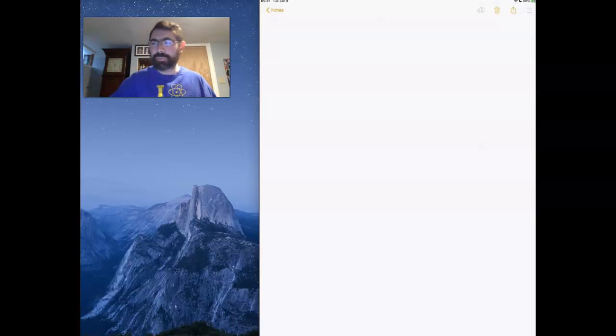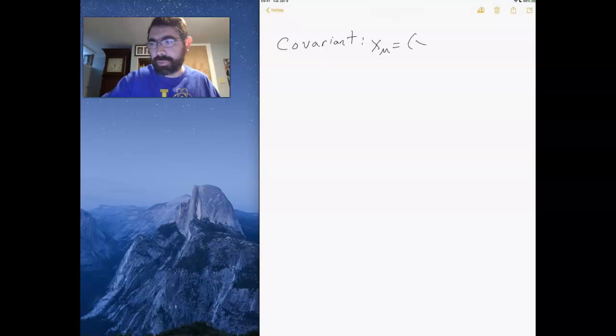And if you notice the difference between, say, the covariant, which we're writing with the subscript, that was just x0, x1, x2, x3, and the contravariant. So the difference for the Lorentz transformation is that there's now a minus sign on the ct, or the time component.